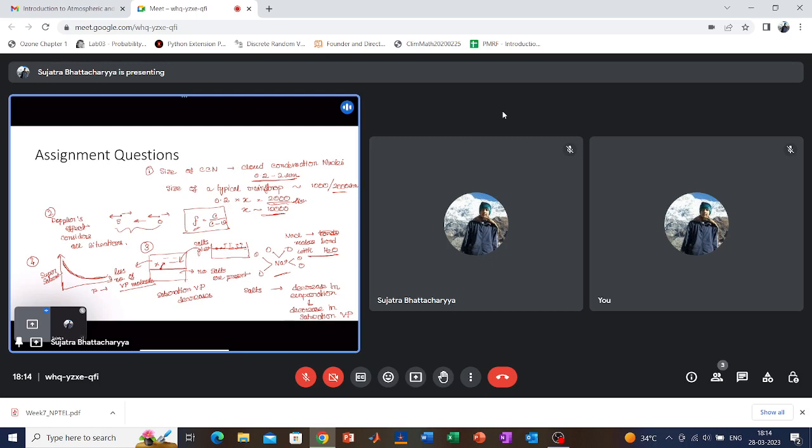This is Kelvin's equation. You can see that as R increases, R becomes large, the Kelvin effect is less, or the curvature effect is less. Therefore, as R is large, the effect is less.